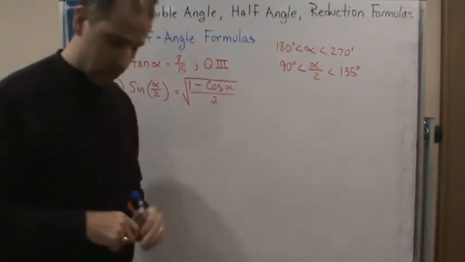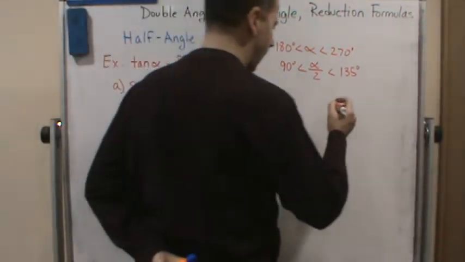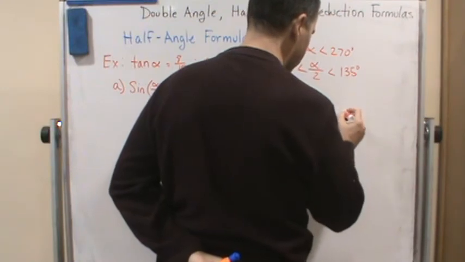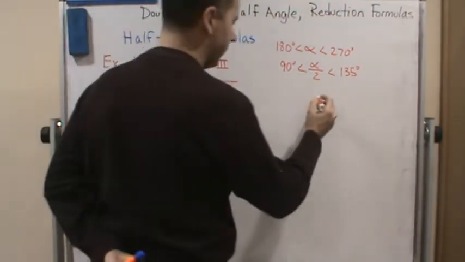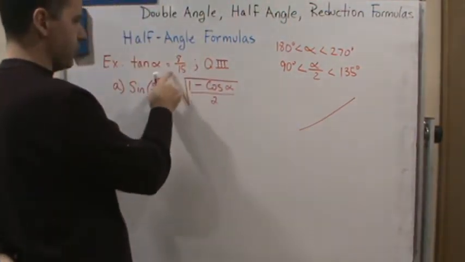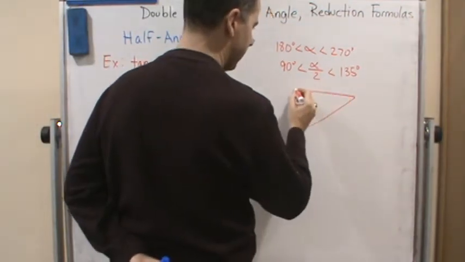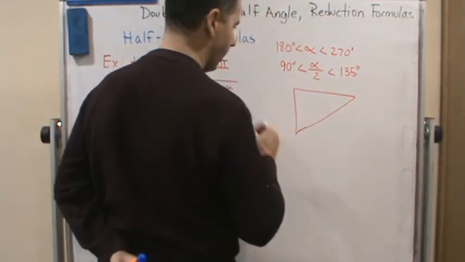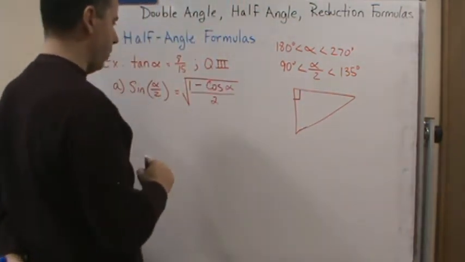Now that we have that, let's get our triangle ready. We're working with the third quadrant because they're giving us information about tangent alpha.